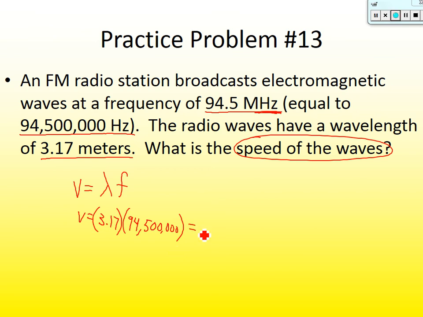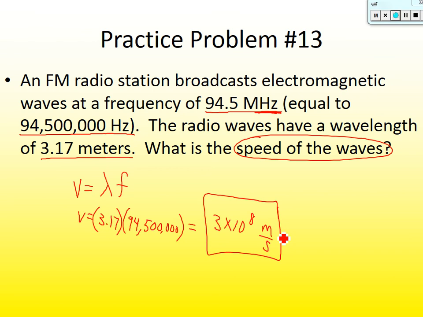It's going to be very close to 3 times 10 to the 8. Did you? Okay, it's very close to that. I rounded up a little bit. But what are my units going to be? Meters per second. Guys, you should recognize this speed. What is it? Light. Speed of light.